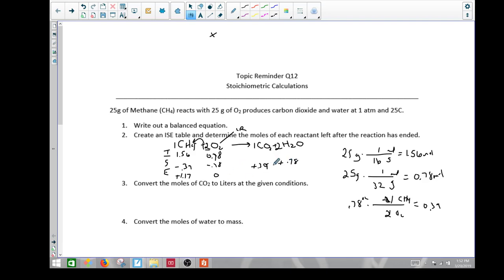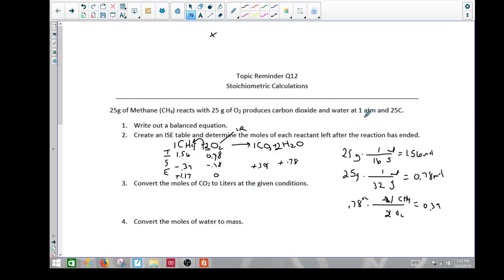That being said, all my moles are done. It says ice table, determine moles of each reactant left after the reaction has ended. So that's all moles.